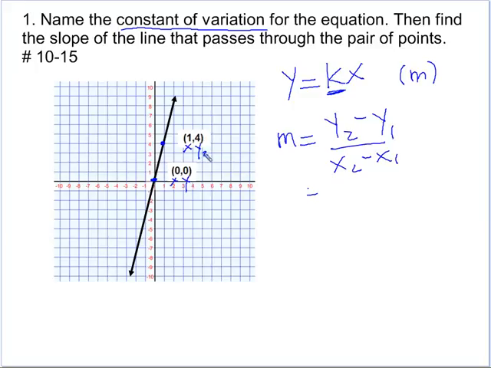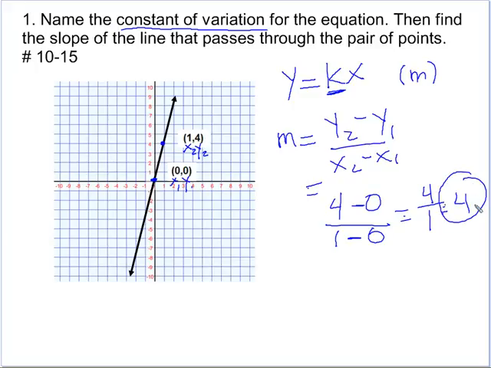We'll call these the 2's and these the 1's. So y2 is 4, minus, from the formula, y1 is 0. x2 is 1, minus, from the formula, x1 is 0. That's 4 over 1, or just 4. So the constant of variation is 4.